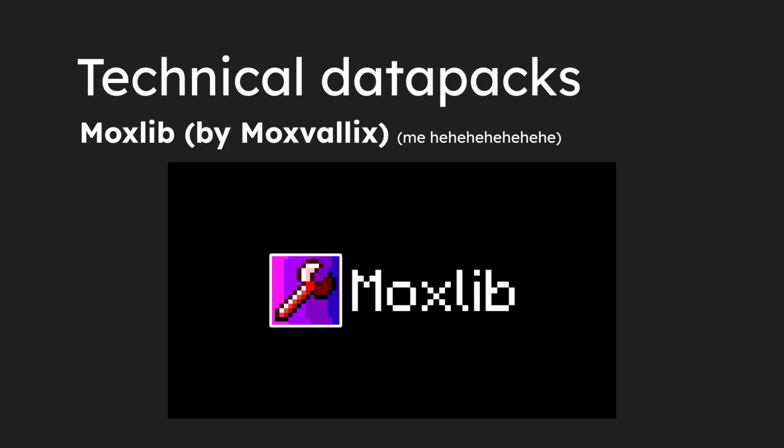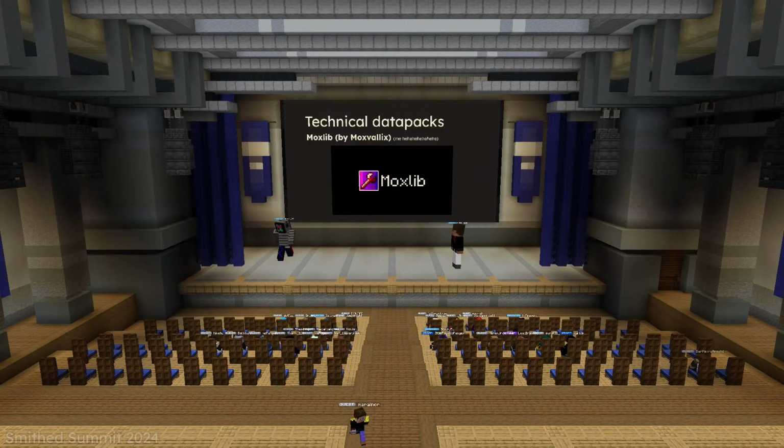Now, this is a data pack that I made, and Gears did work on it later on, but it really is a library for making technical data packs. So as well as being a technical data pack, it's designed to help make technical data packs, right? And with Moxlib, I really set the groundwork for a lot of the different conventions and styles, I guess, like systems that we took into later projects and influenced a lot of how we ended up designing Zoglin itself.